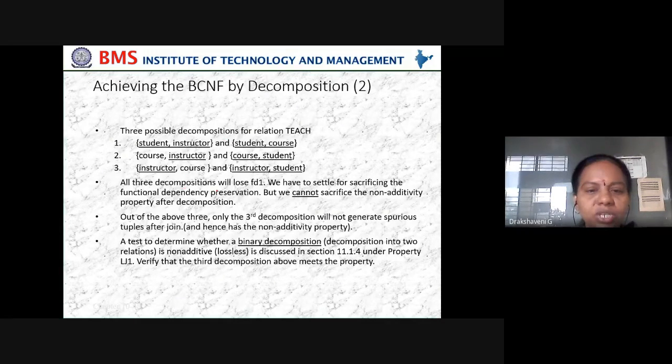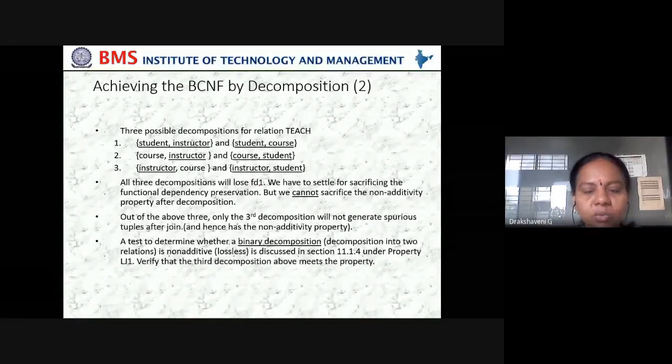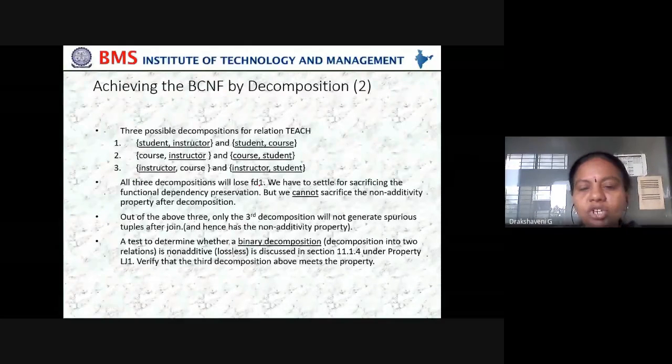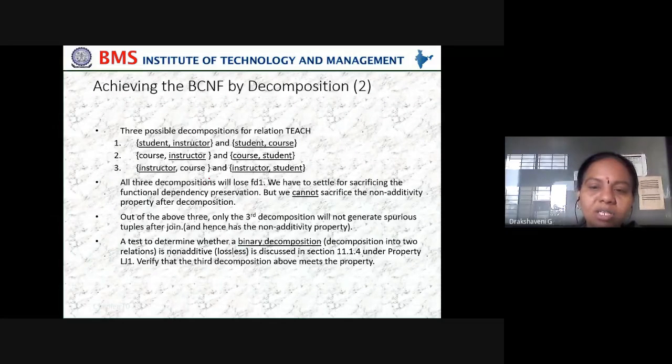All three decompositions will lose functional dependency 1, because it says two composite or super keys are functionally dependent on it. So we have to settle for sacrificing the functional dependency preservation. But we cannot sacrifice the non-additive property after decomposition. Out of the above three, only the third decomposition will not generate surplus tuples after join.